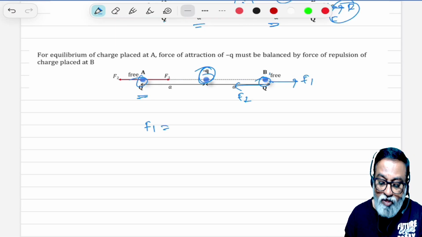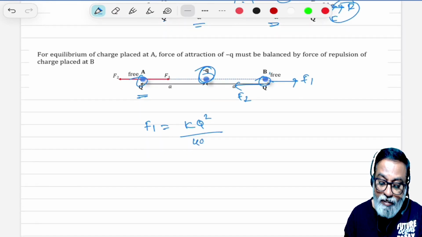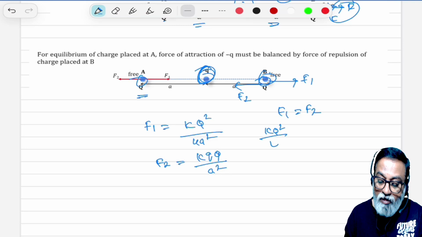Therefore, F1 is equal to K Q square by, the total distance being 2a, 4a square. And the second one, F2, is equal to K into small q into Q by, this distance being a square. Here F1 is equal to F2, therefore K Q square by 4a square is equal to K q Q by a square.